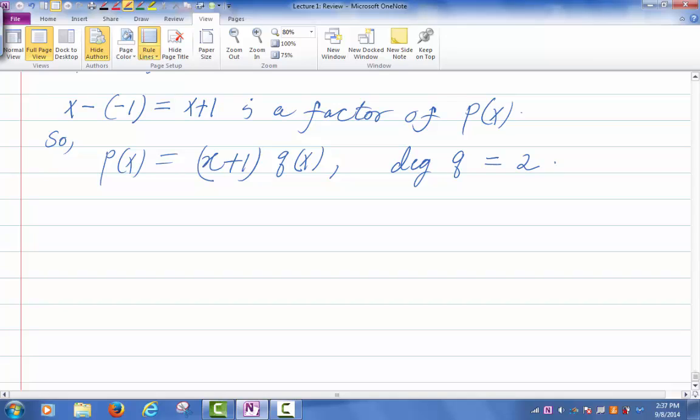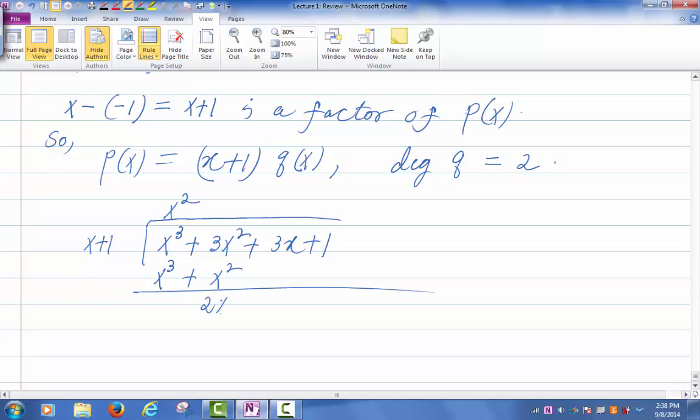Long division. You just divide out x cubed plus 3x squared plus 3x plus 1 by x plus 1. Well, how do you divide it? You have to match x cubed, so you multiply by x squared. You get x squared here.